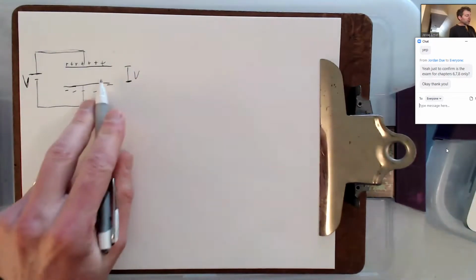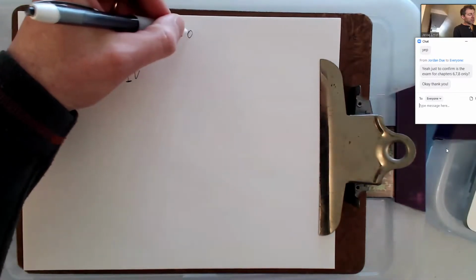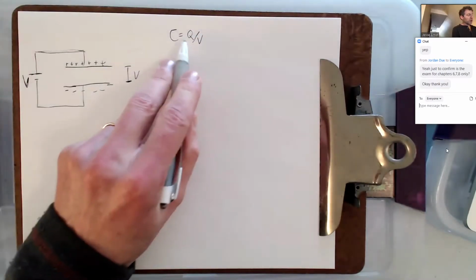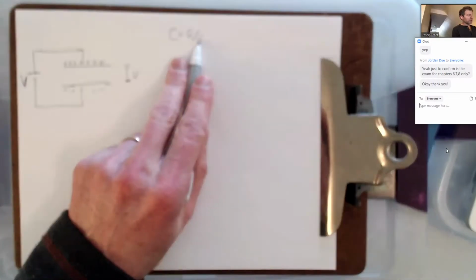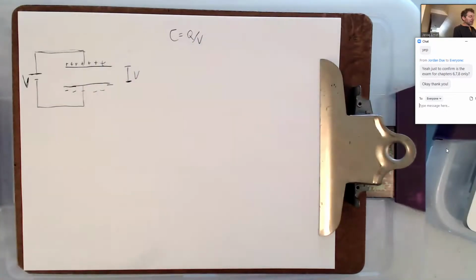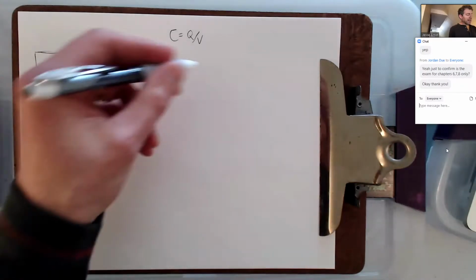And how much charge is it going to take to get V volts across? Well, that's what the capacitance tells you. How many coulombs it takes of charge on these plates to get V volts across it, and that ratio is the capacitance.